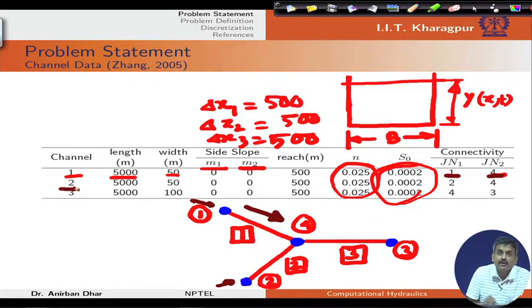Channel 2, starting node is 2, ending node is 4. Again for channel 3 we have 4, 3.